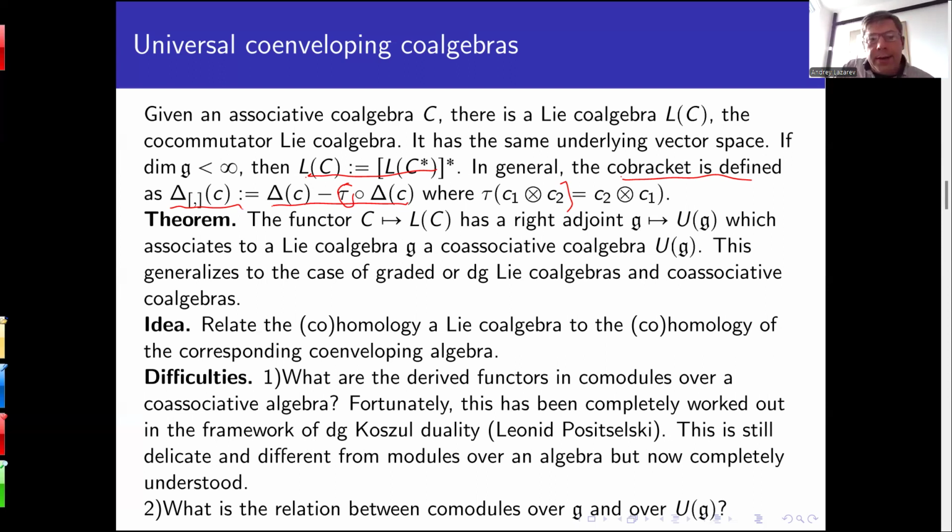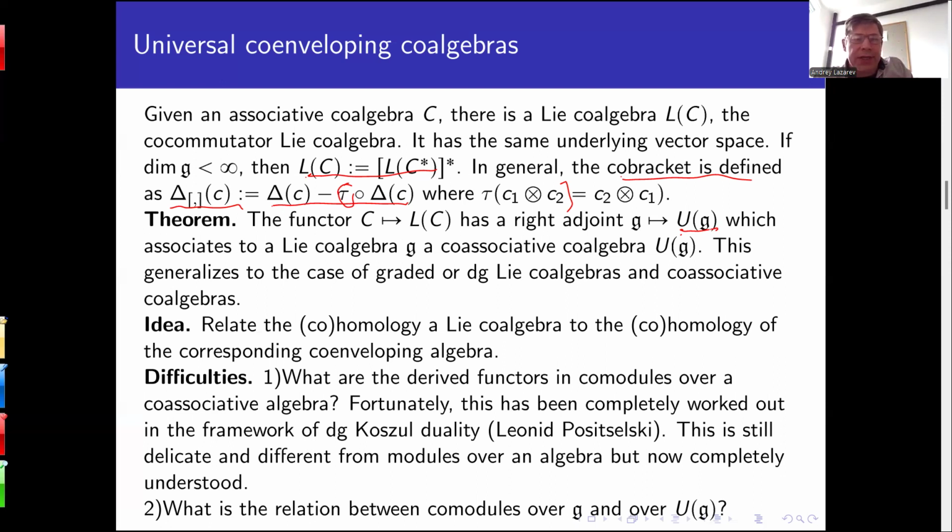Then we have this functor L, which associates to any associative or co-associative coalgebra a certain Lie coalgebra. It has a right adjoint, which I will denote by the same letter U, as in the Lie algebra framework.